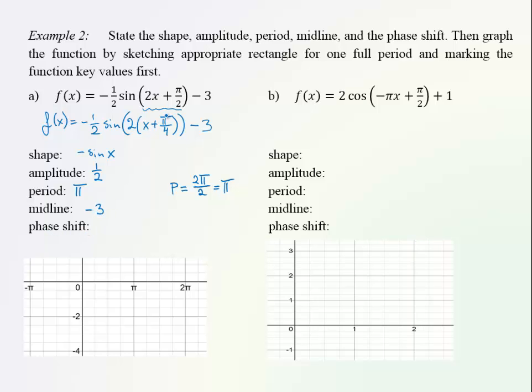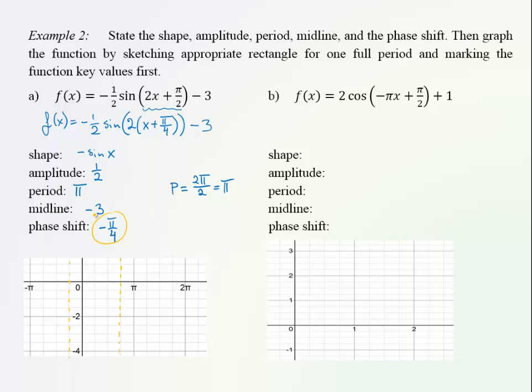And the phase shift is the opposite sign to the number that you see in a bracket. So it's -pi quarter. Okay, so let's try to graph it. We start with the phase shift, -pi quarter. So if this is -pi quarter is here. Draw a vertical line. The period is pi, so go pi steps to the right and draw another line.